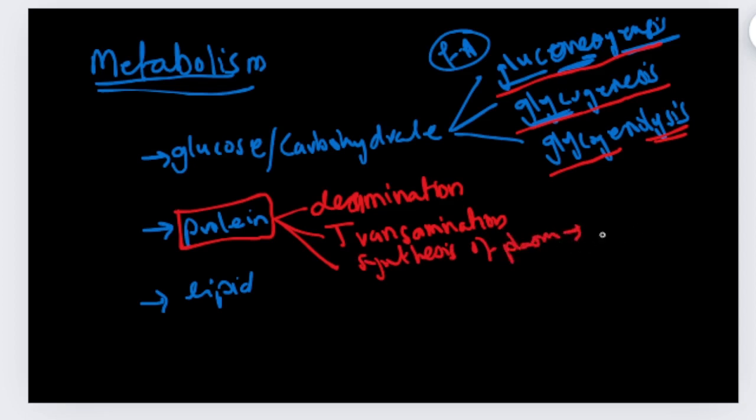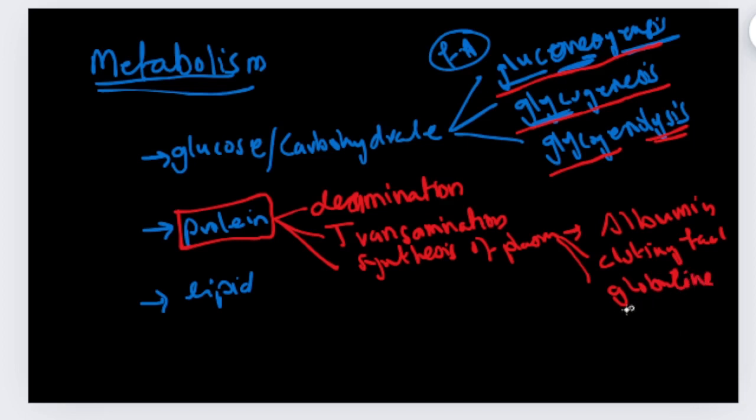For example, the main ones are albumin, clotting factor, and globulin. Globulin helps in immunity.